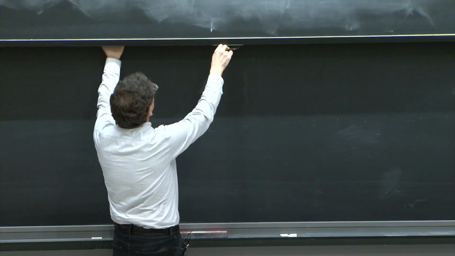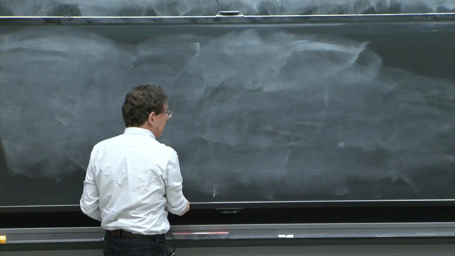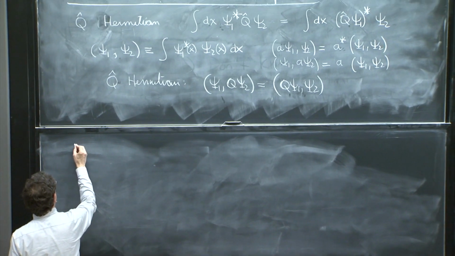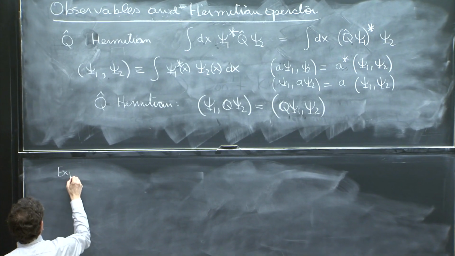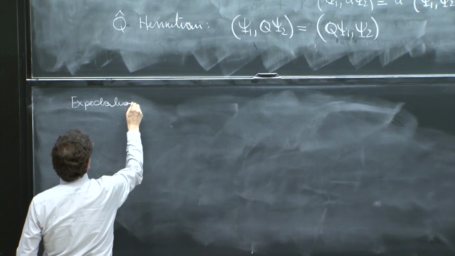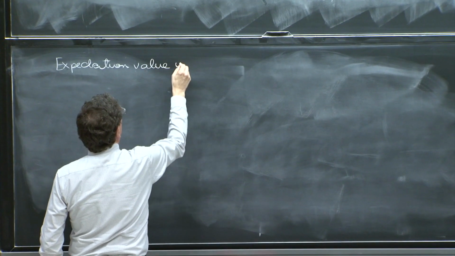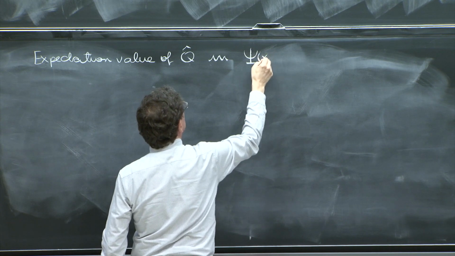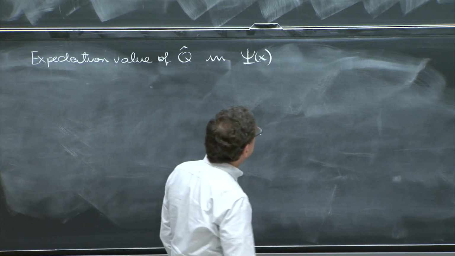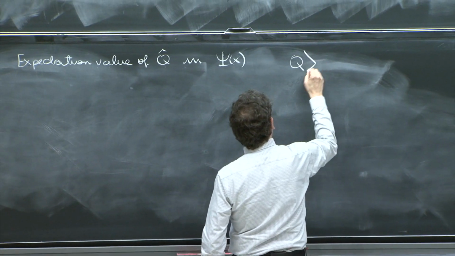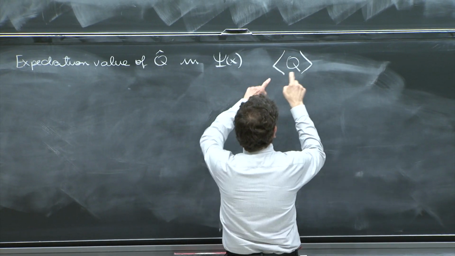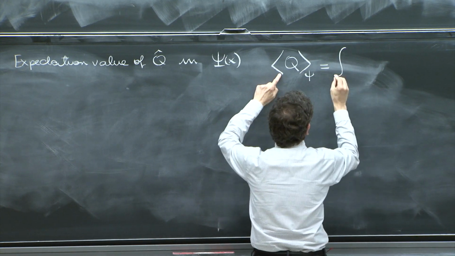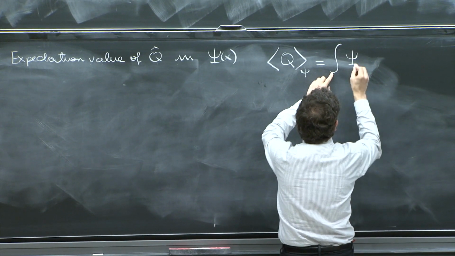When you get tired of writing the integral dx of the first, the second, you can use this notation. Now, we've discussed last time the expectation values of operators. So what is the expectation value of Q in some state psi of x? That is denoted with these brackets, and it is equal to the integral of psi star, Q psi, dx.